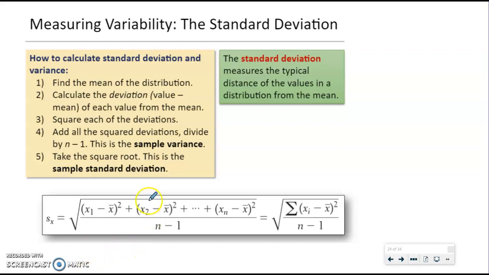So there's another type of measure of variability or measure of spread, and it's called the standard deviation.